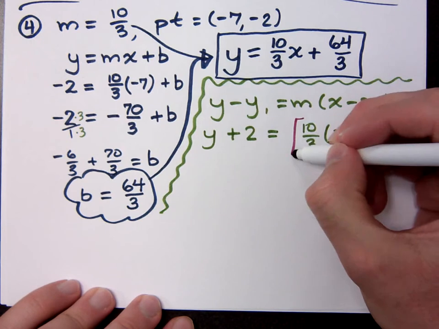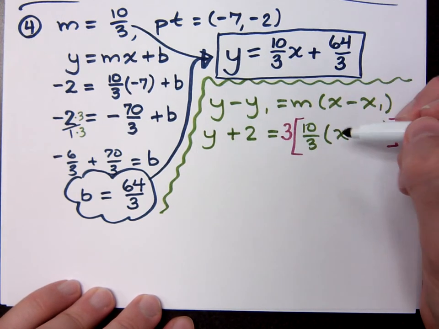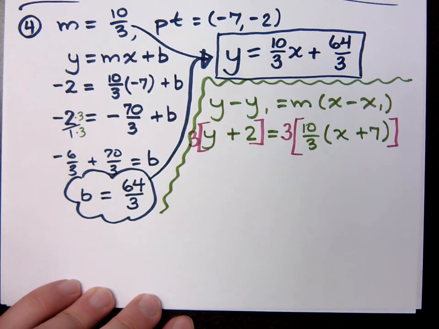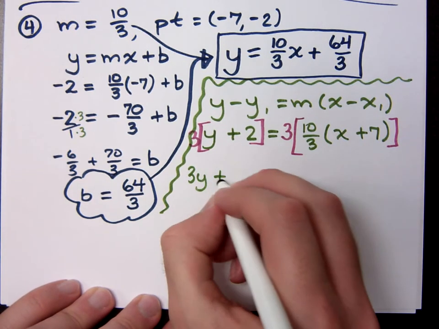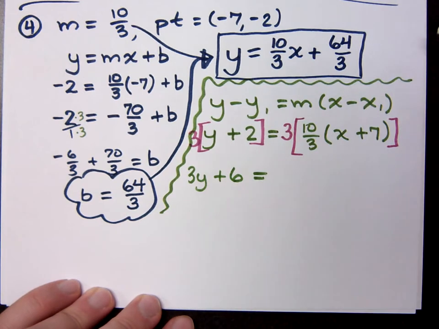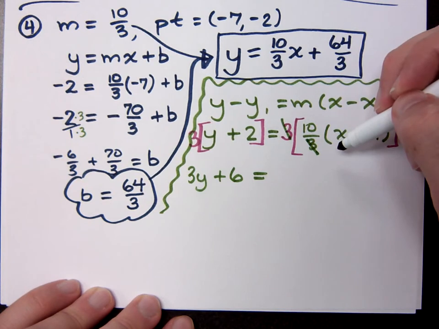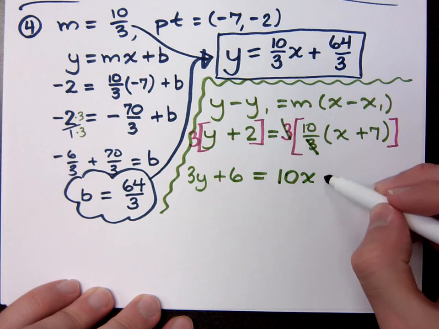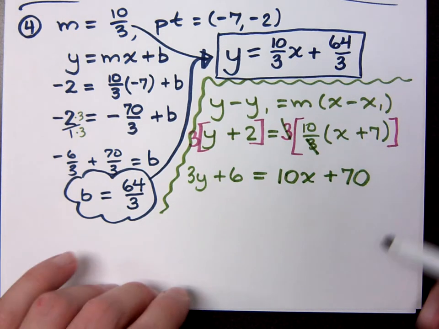So if I multiply the left side of the equation by 3, and I multiply the other side by 3 as well, what does my equation look like now? 3y plus 6 equals, now over here on the right side, the 3 is reduced and all I have is a 10. So distribute the 10, I get 10x plus 70.